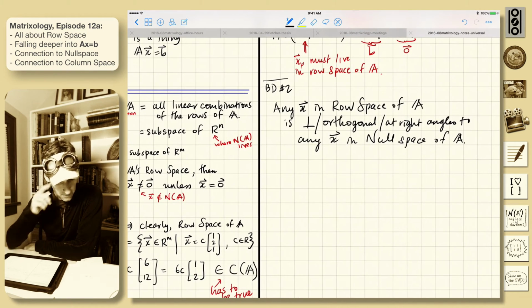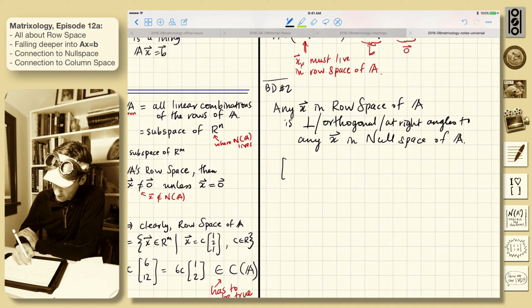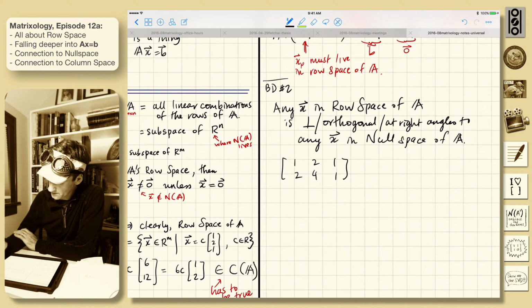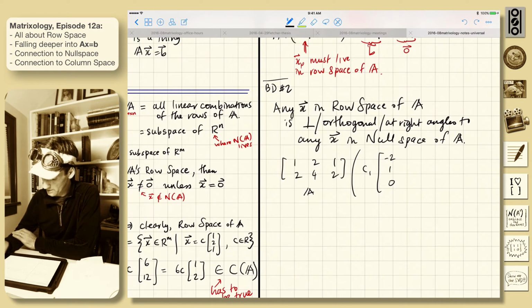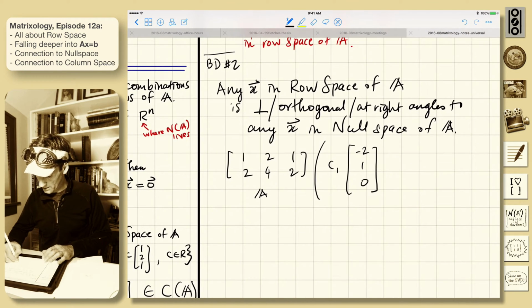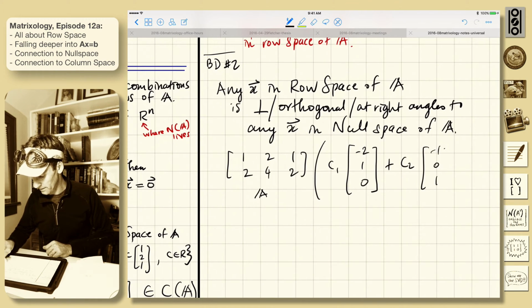I sort of said this before. So this is our example, A equals (1, 2; 2, 4). From before we had that the null space of A is, we did it in a particular way, c1 times (2, -1, 0), a sad looking thing, plus c2 times (-1, 0, 1).